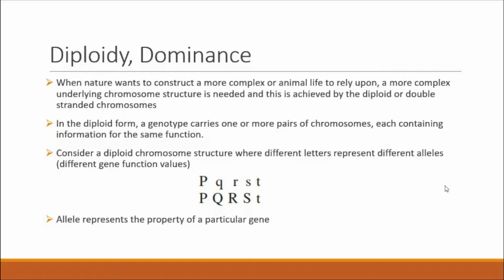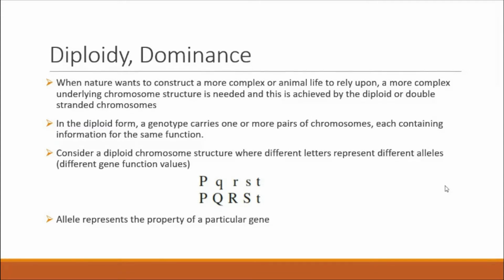Diploidy as well as dominance. Till now, what we have discussed is single-strand chromosomes, which are also known as haploids. If an organism has only a single-strand chromosome, it is known as a haploid.